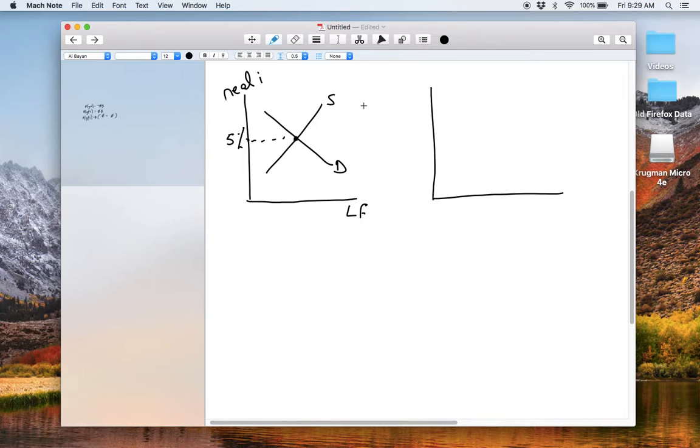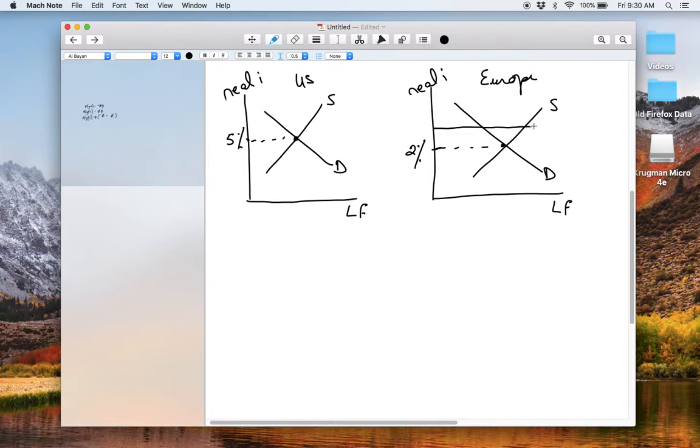And in another country, so let's say in the US and in Europe, the loanable funds market is such that the real interest rate is 2%, okay? We said money will always flow to the country with the higher interest rates. So in other words, at 5%, there is excess supply, right?